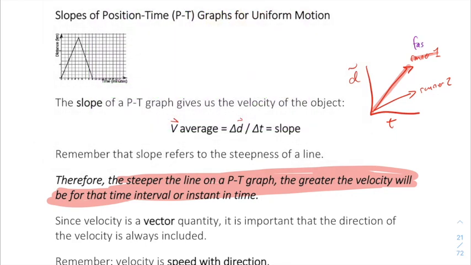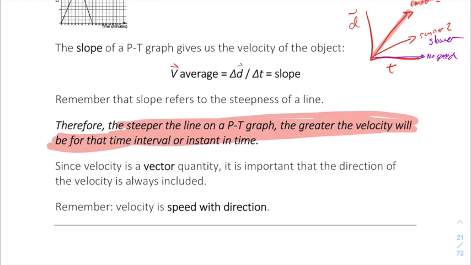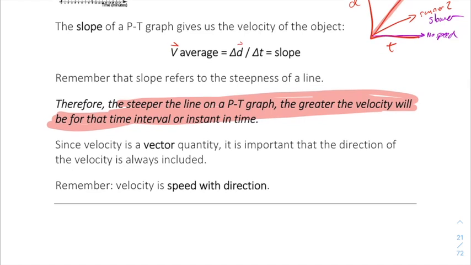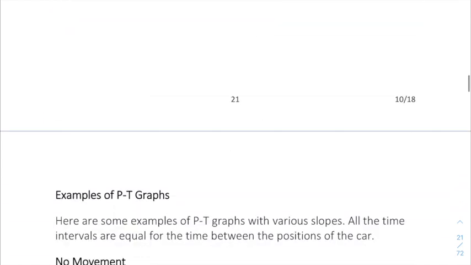Faster. And this is slower. And what about if we drew someone who was like this, completely horizontal? Well, they have no speed. And if it was straight up and down, then it'd be like infinite speed. So velocity is speed with direction. This is what we're going to get out of here.